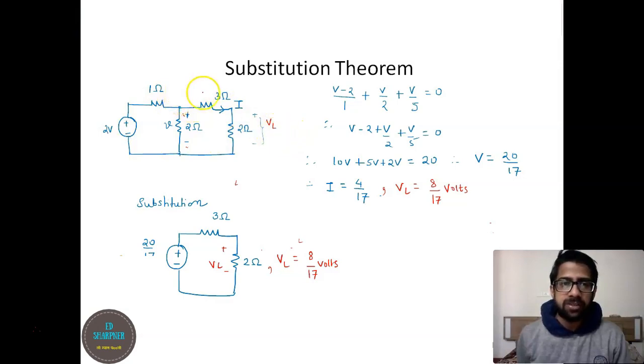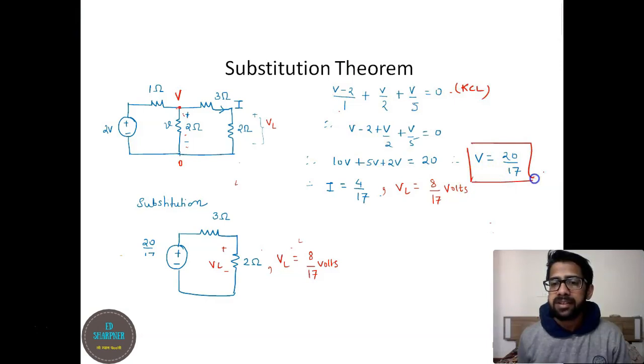So I'm assuming this node as V and this as 0, applying node analysis at this node: (V minus 2) divided by 1 plus V upon 2 plus V upon 5 gives me 0 according to KCL. Solving this gives me V equal to 20 divided by 17.